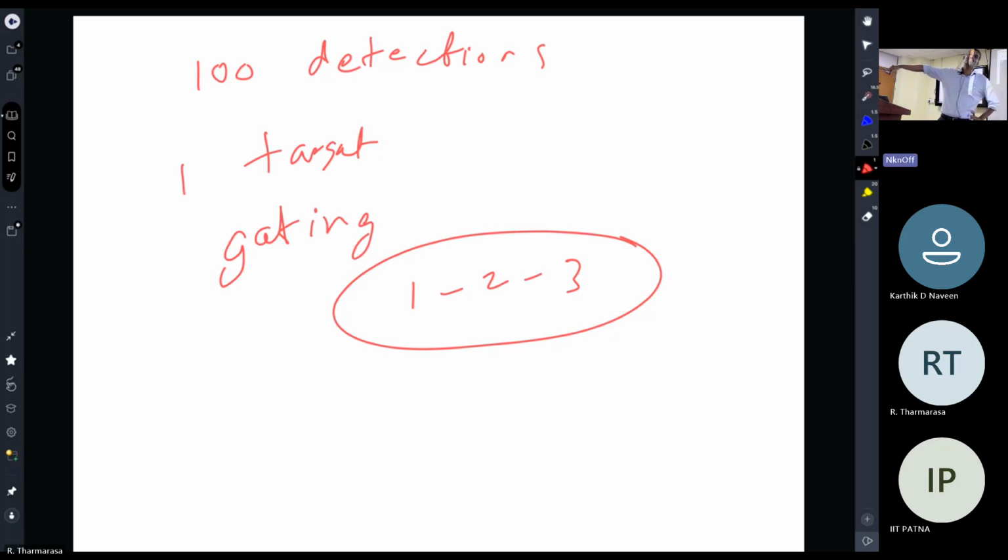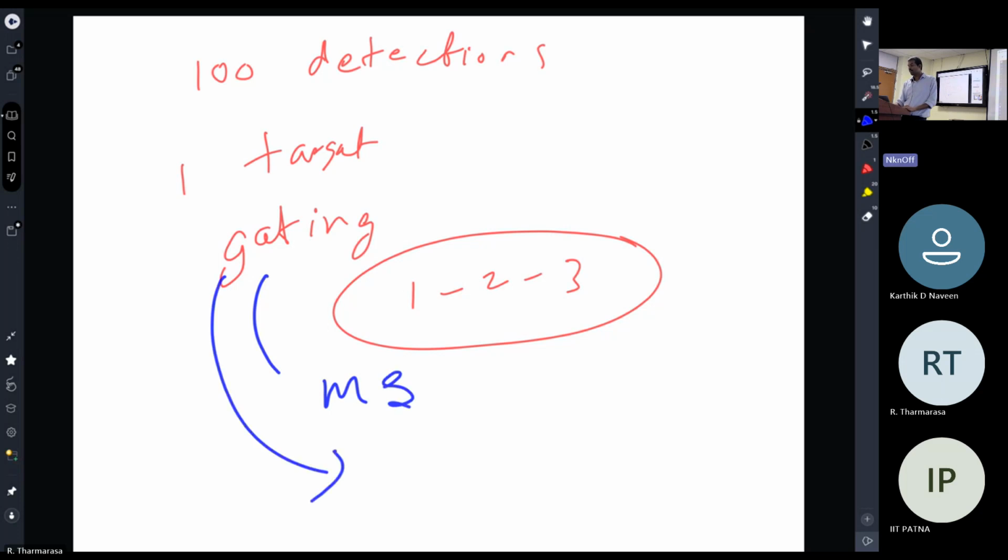Okay, can somebody answer that question? I said that gating is done in the measurement space. He asked, why can't we do that in the state space? Is that right? Okay, so she agreed that we have to do it in the measurement space.